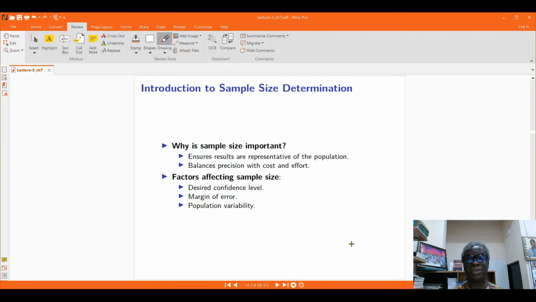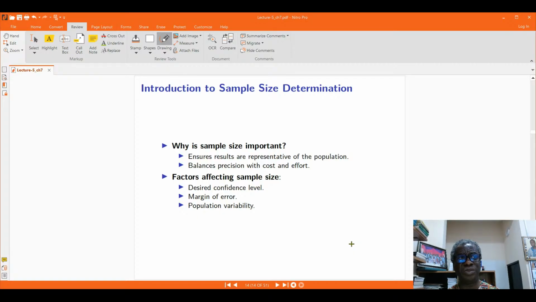So the reason being that, one, if our sample size is too small, that can lead to inaccurate conclusions. And if our sample is too large, that will lead to waste of resources.